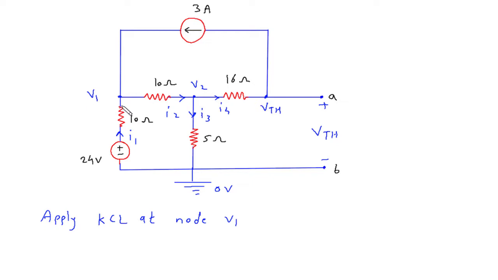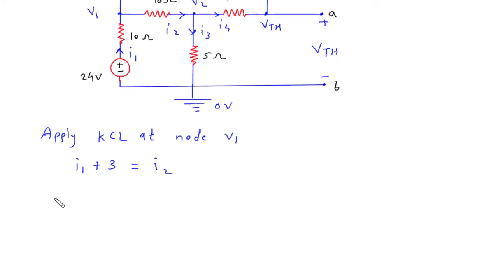The summation of all the entering current at this node is I1 plus 3, which is equal to I2. I1 is 24 minus V1 by 10. So 24 minus V1 by 10 plus 3 is equal to I2.